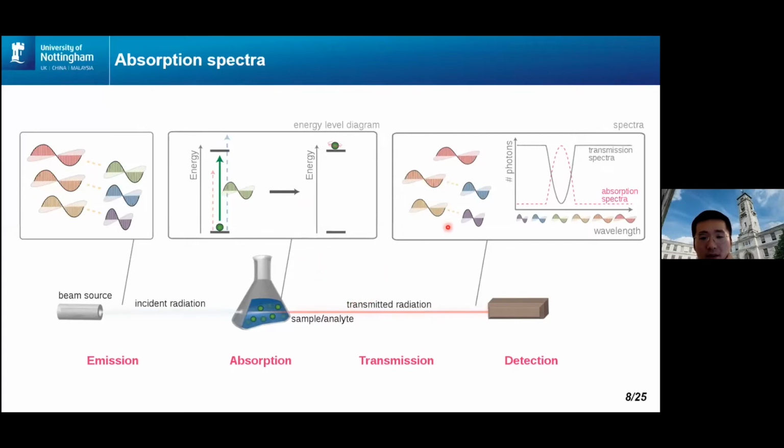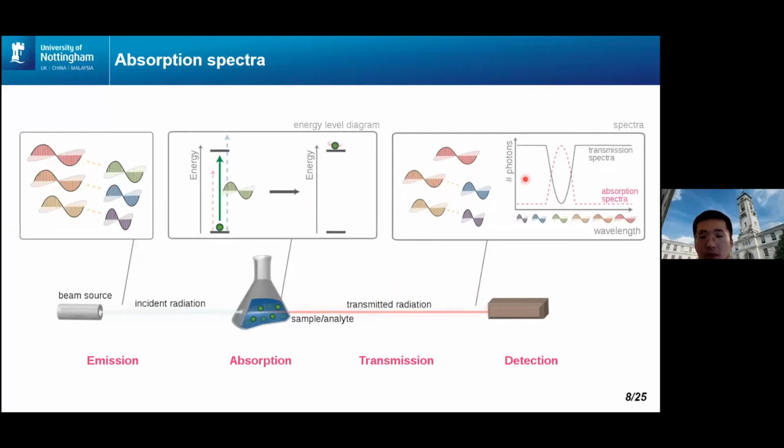Then if the radiation is in the visible range, 400 to 700, the sample color is the complementary color of the absorbed light.